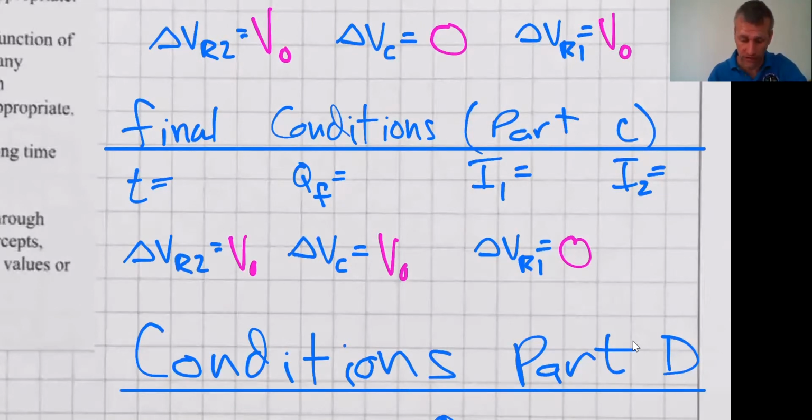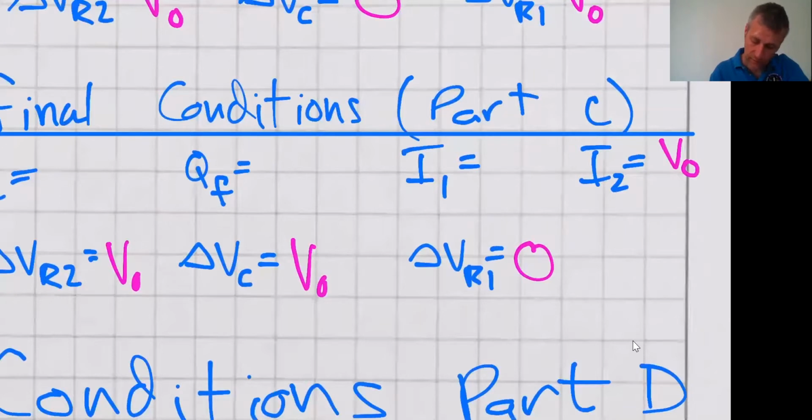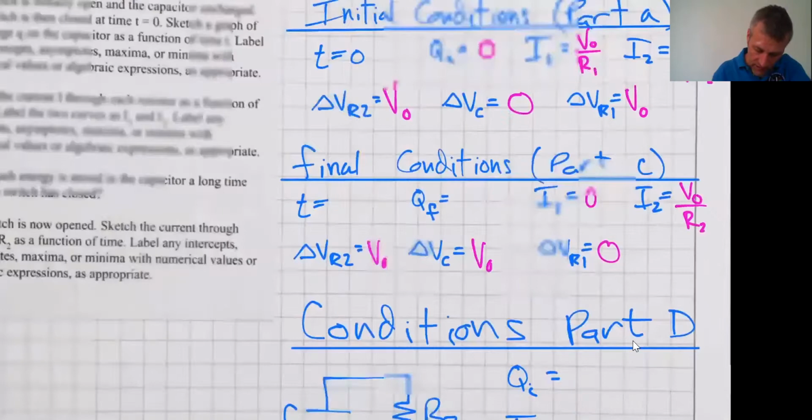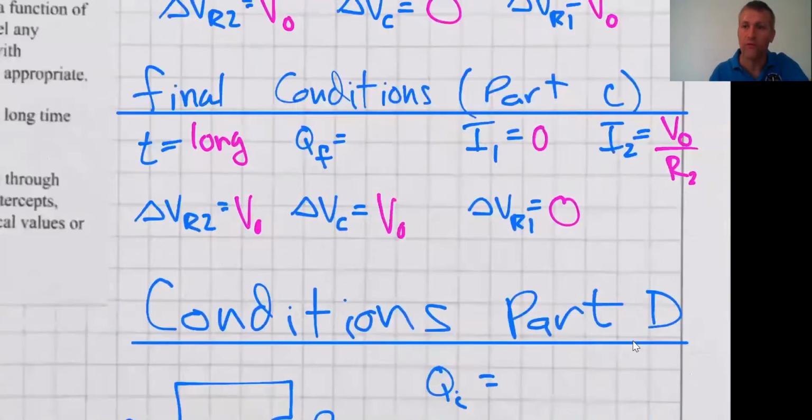So the current through resistor 2 is still the same, V naught over R2. The current through resistor 1 is going to be 0. The time here just said a long time later. And the charge on the capacitor, you can figure that out based on the voltage and the capacitance.